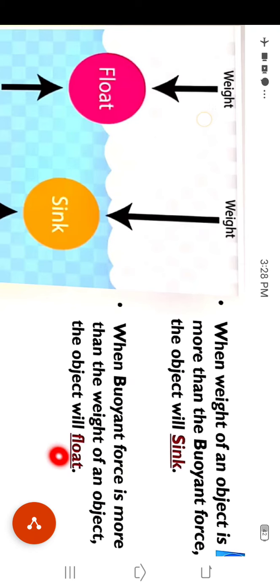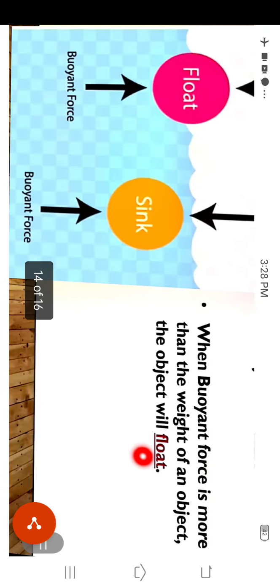Dear students, you are watching that one object is floating in the water and one object has sunk in the water. So let's read about this. When the weight of an object is more than the buoyancy force, the object will sink. So we can say that the weight of this object was more than the buoyancy force.